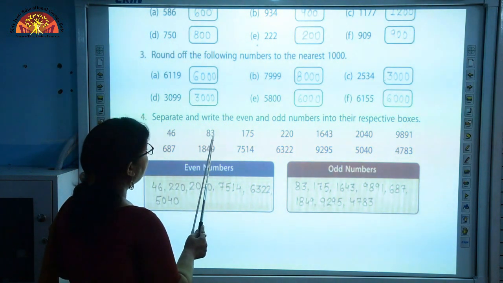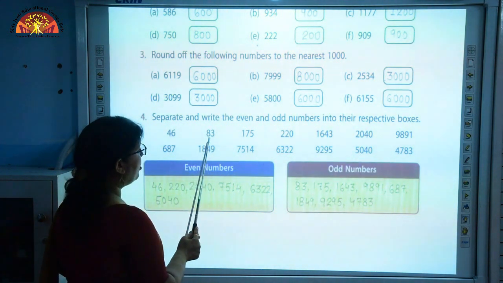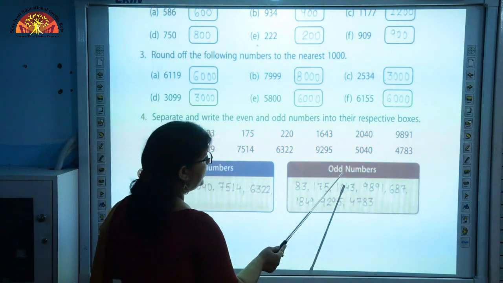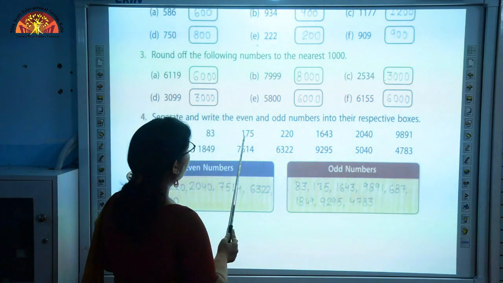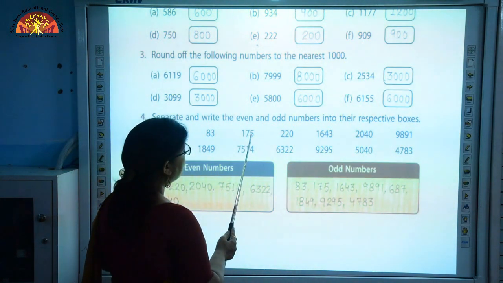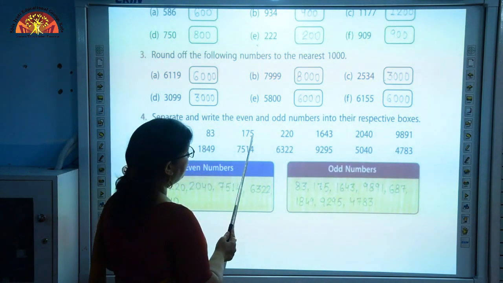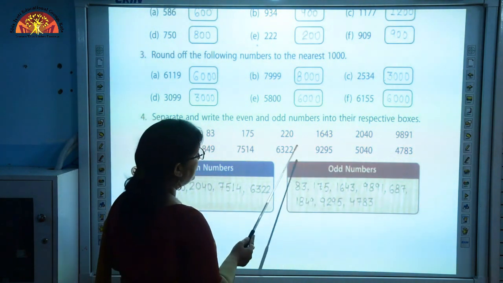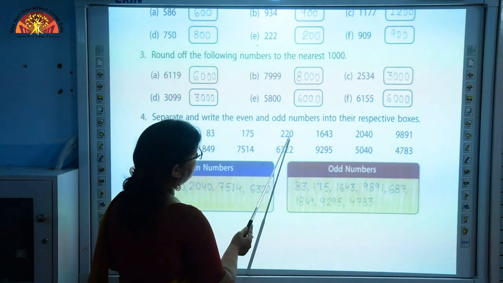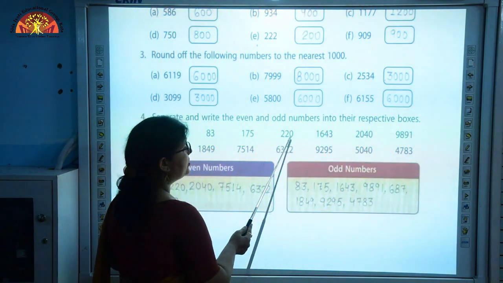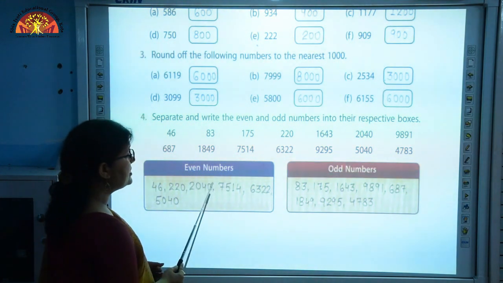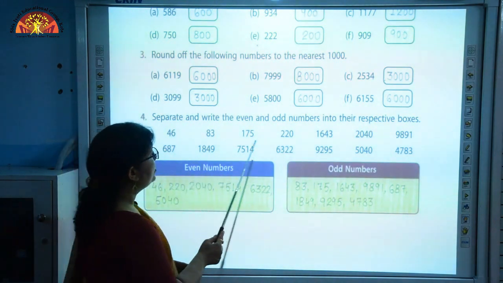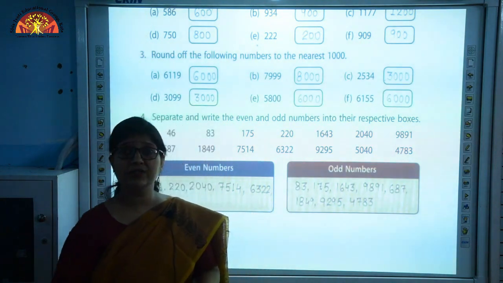Now 83, ones place is 3, so this is an odd number and we write in the odd numbers box, that is 83. Now next 175, so 5 at ones place we have, so this is an odd number, we write in this box. Now 220, ones place is 0, so this is an even number, so we write in the even numbers box. You do yourself the remaining part of this question.